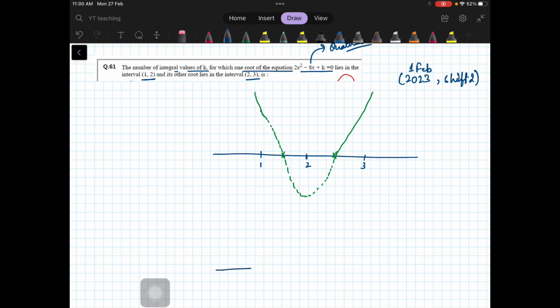Let me make another picture. I have 1, 2 here and 3 here, so it can be something like this. In that case, this and this will be my roots.